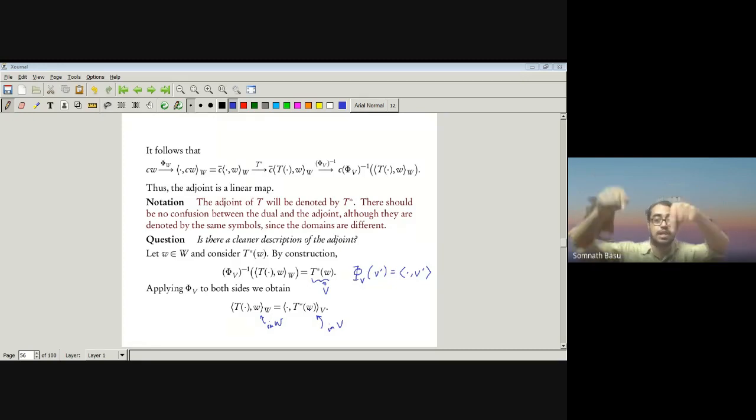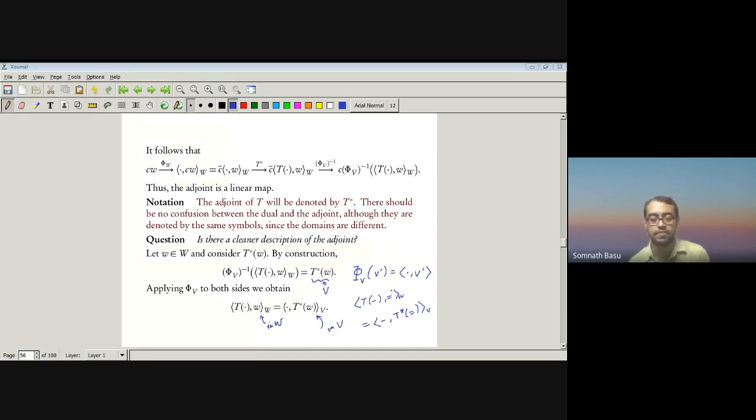But the point is that this is true for all little w. So for all little w, this is saying T dash dot w is dash dot T star w. So you already realize that this is much more powerful than the complicated expression that you had. This is literally saying that T of dash comma dash dash with respect to W is equal to dash comma T star of dash dash with respect to V. Because this is true for all w, the same dot is on both slots.